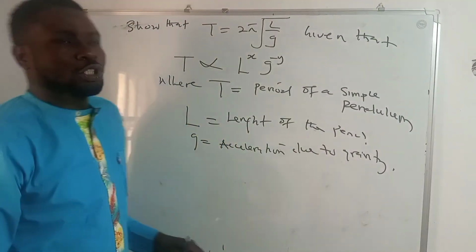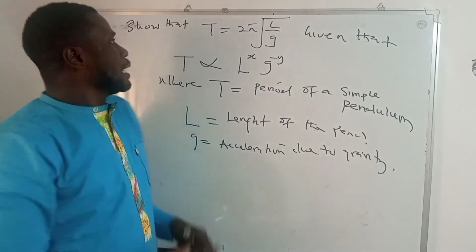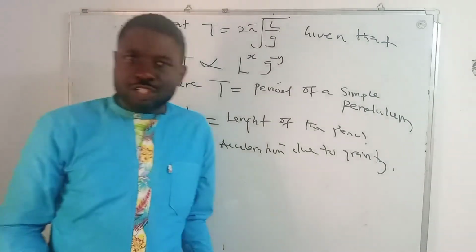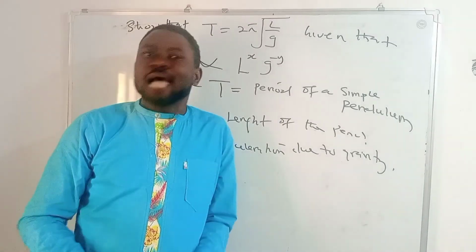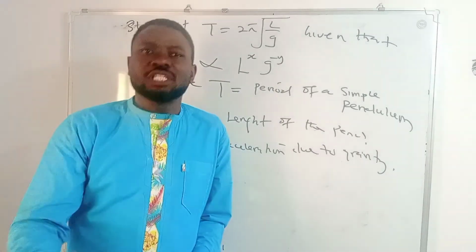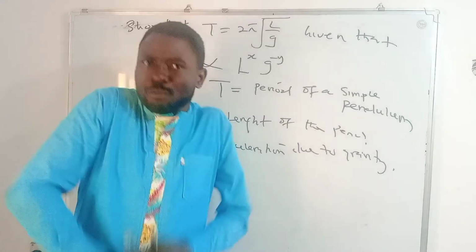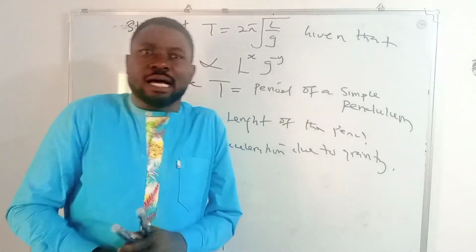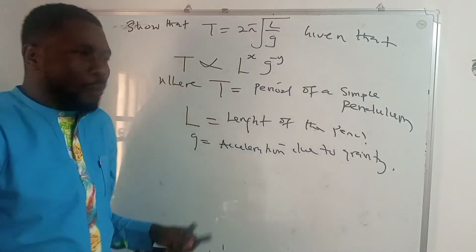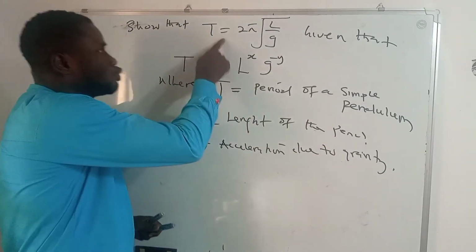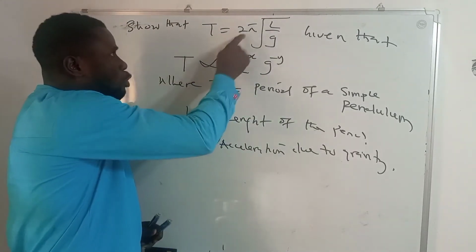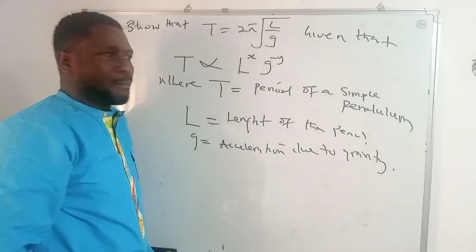Now, I want you to know, my viewers, that this is one of the applications of dimensional analysis, because dimensional analysis can be used to derive formulas. It can be used to prove formulas. I can see this question has to do with proving that the period of a simple pendulum is equal to 2 pi the square root of L all over g.